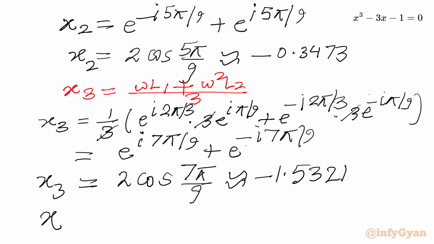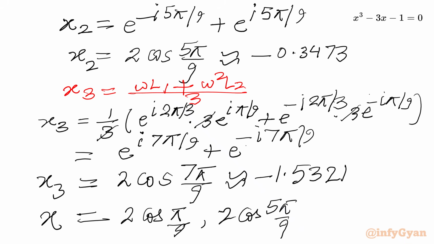So if I write all the roots over here, the first is 2 cos pi over 9, the second root is 2 cos 5 pi over 9, and the third root is 2 cos 7 pi over 9. If we add all three, we are going to get sum 0.